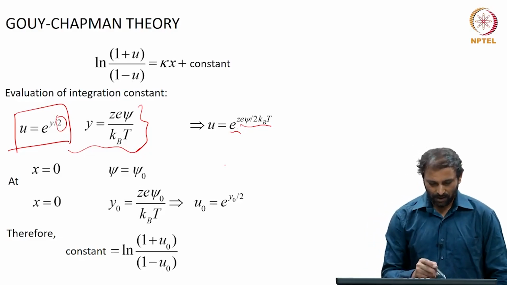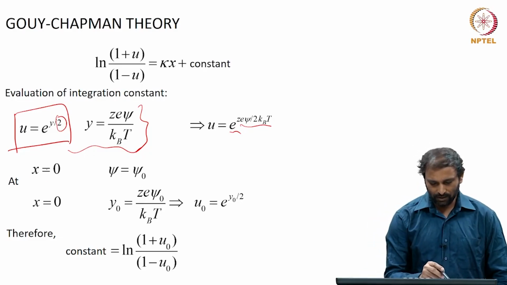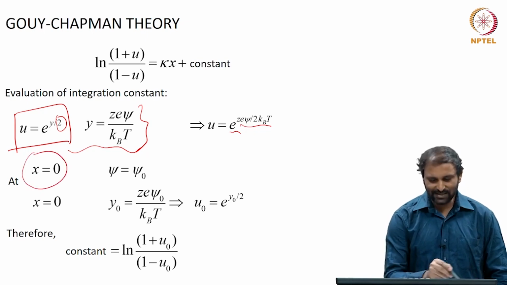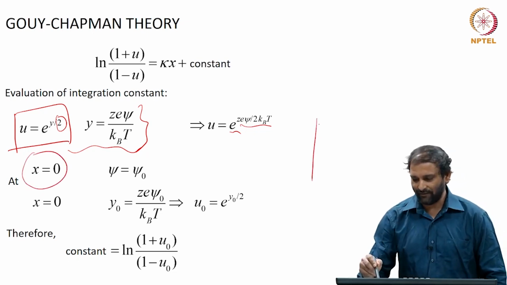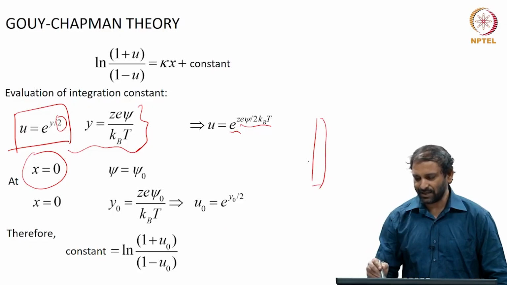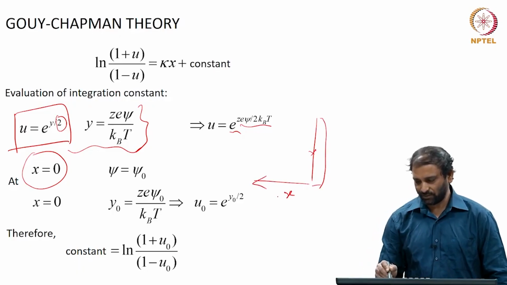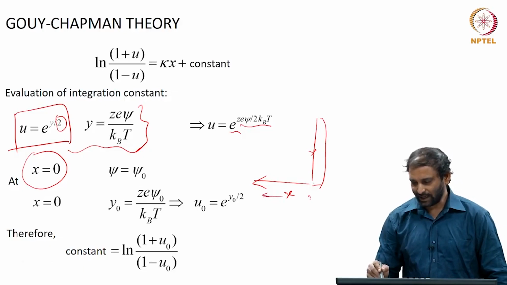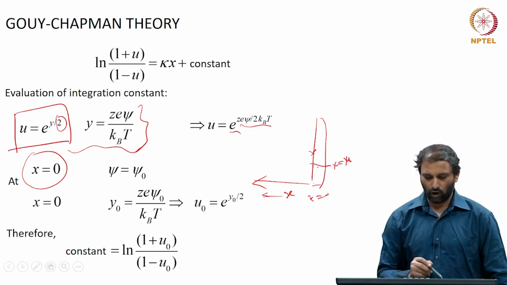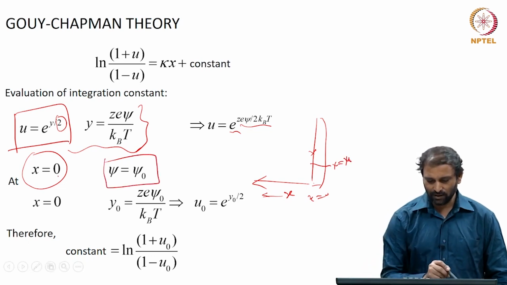We know that at x is equal to 0, that means if I have a charged substrate and this is how x varies from the surface, at x is equal to 0, the potential is psi naught.